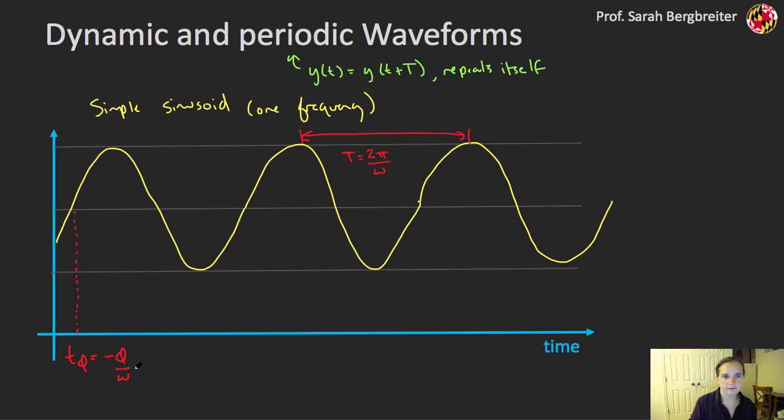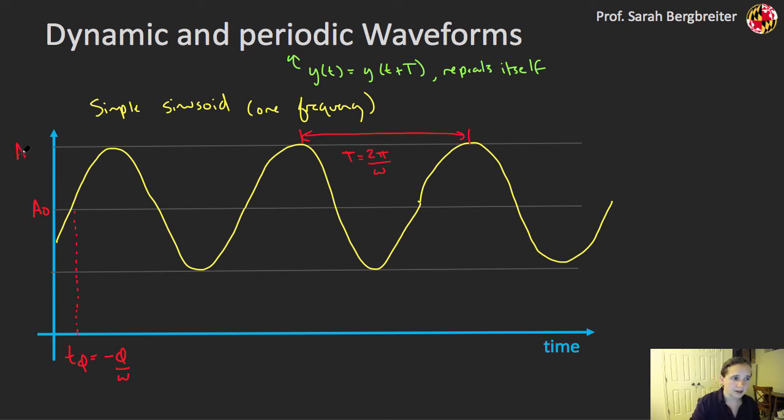I have a phase of my sinusoid phi, and the time in this case that I cross this 0 point will be t phi equals minus phi over omega. In this case, I also have some DC offset to my sinusoid, a0, and we'll talk a little bit more about DC offset in a bit, but it's basically shifted up from 0.